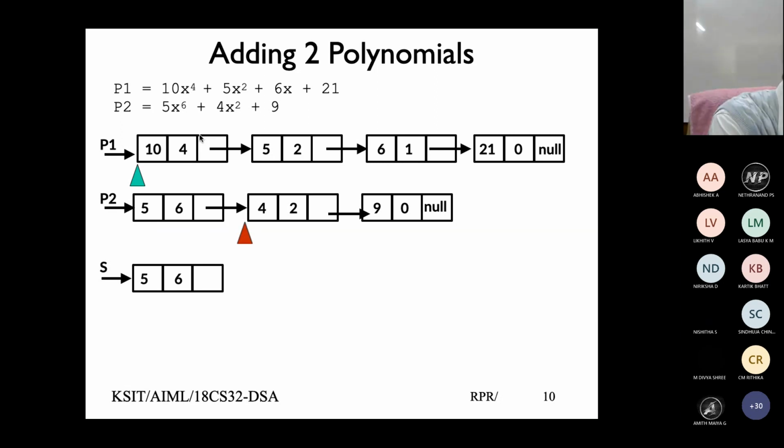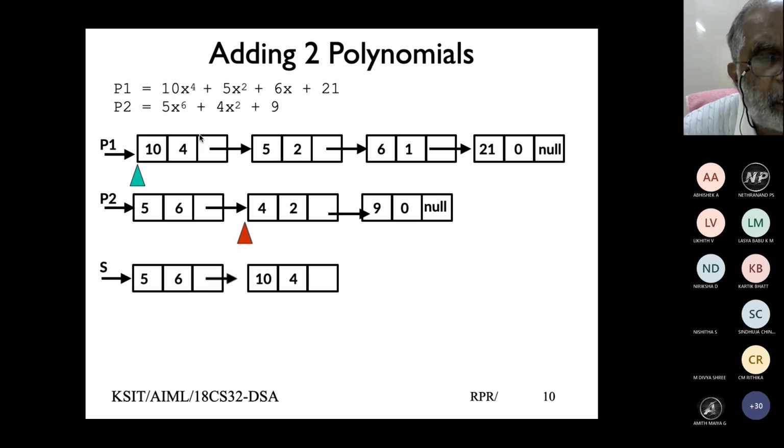Now the exponent of the first term is higher, so we copy that, move on and compare again. Now both have the same exponent. This time we add them, and it becomes 9x square. This is the way polynomial addition works.